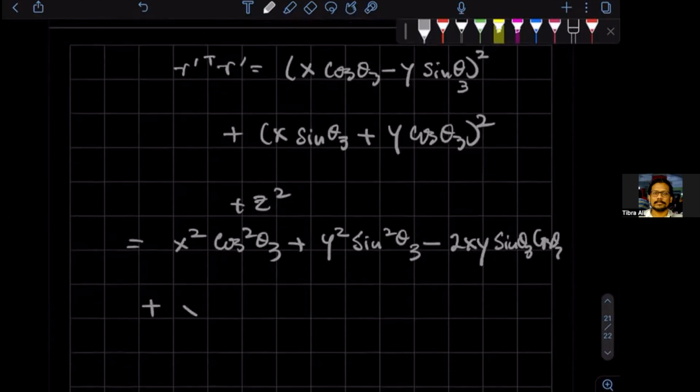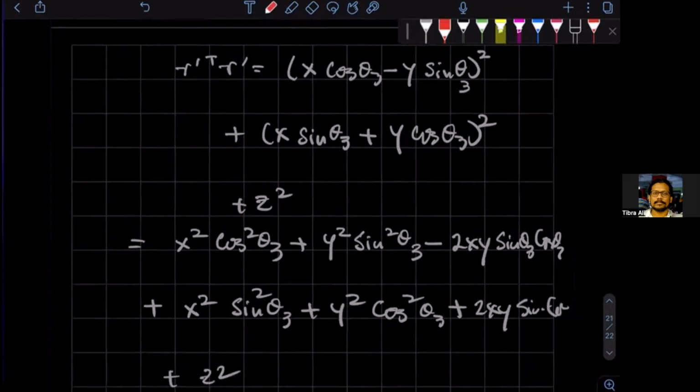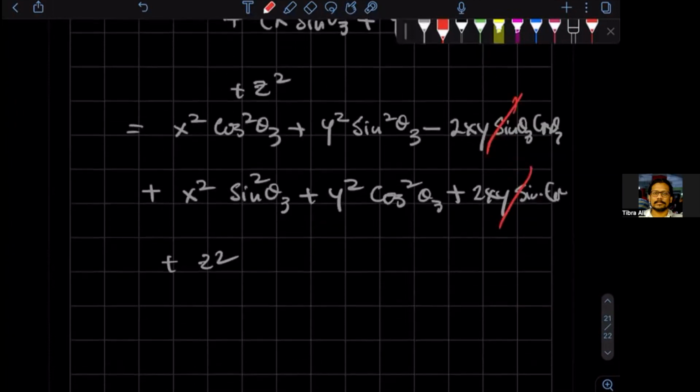Similarly here we get x squared, but instead of cosine I get sine. Here the sign flips, but I get the same sine and cosine product, so these cross terms cancel out.